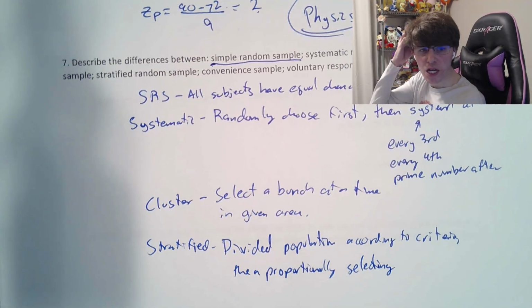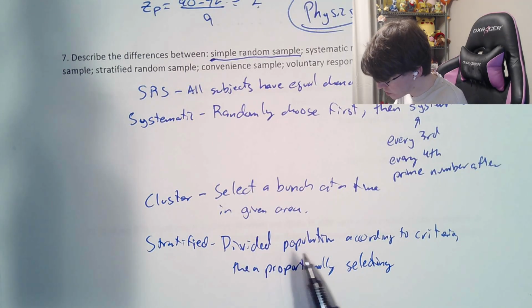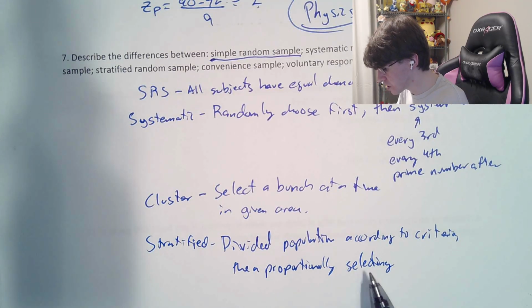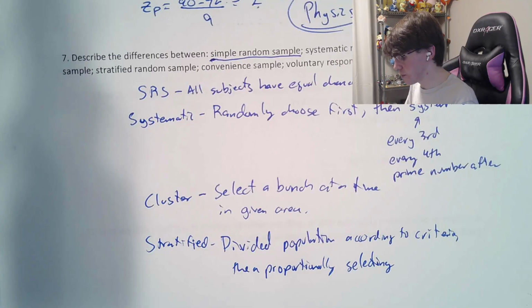Divided population according to criteria, then proportionally selecting. So you're dividing population according to criteria and proportionally selecting.